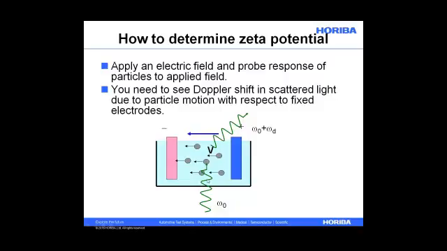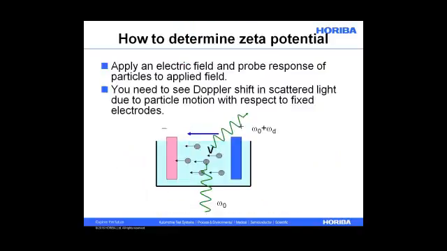The incoming light is scattered off the particles and has a Doppler shift due to the particle motion with respect to the fixed electrodes. So all the particles are swimming to the left, so I pick off the scattering over here on the diagonal, and if I look at the frequency shift in the scattered light, that will tell me about the particle motion.